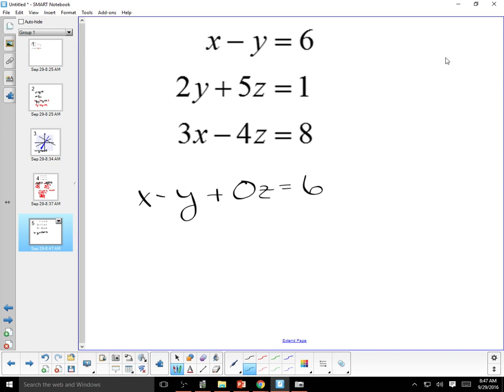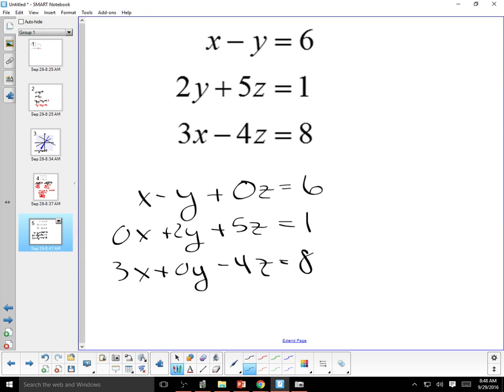That's its magic. So the next one should read 0x plus 2y plus 5z is equal to 1. And then 3x plus 0y minus 4z is equal to 8. Okay.